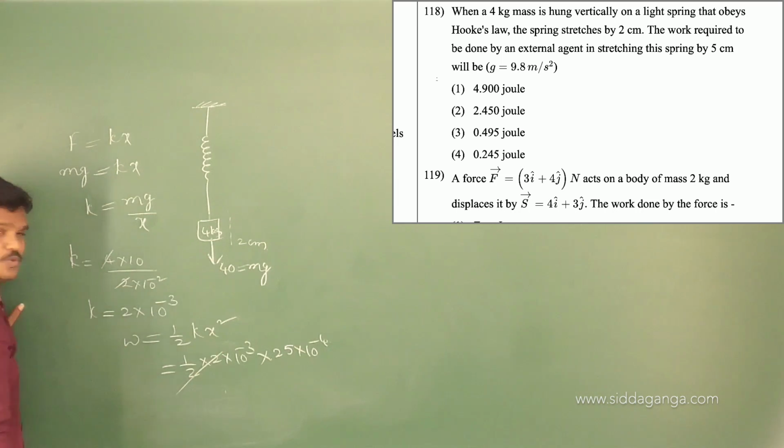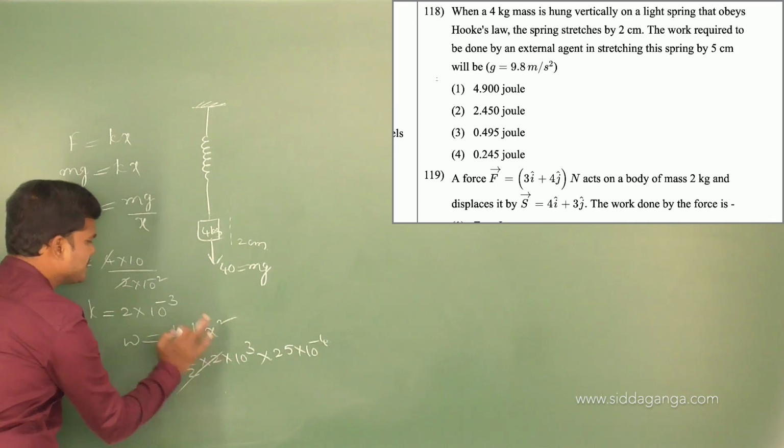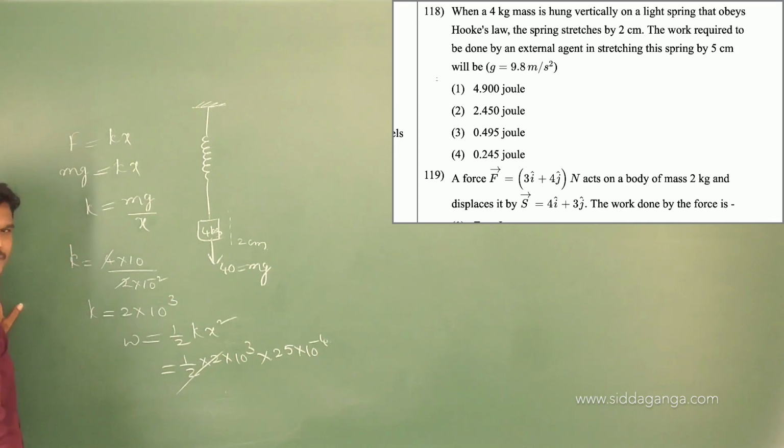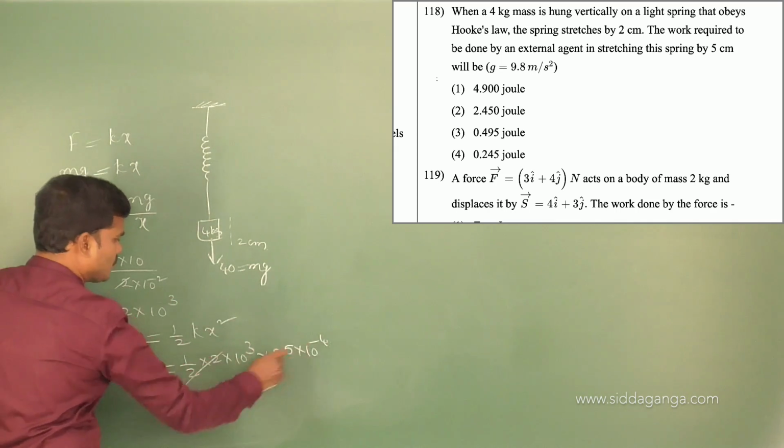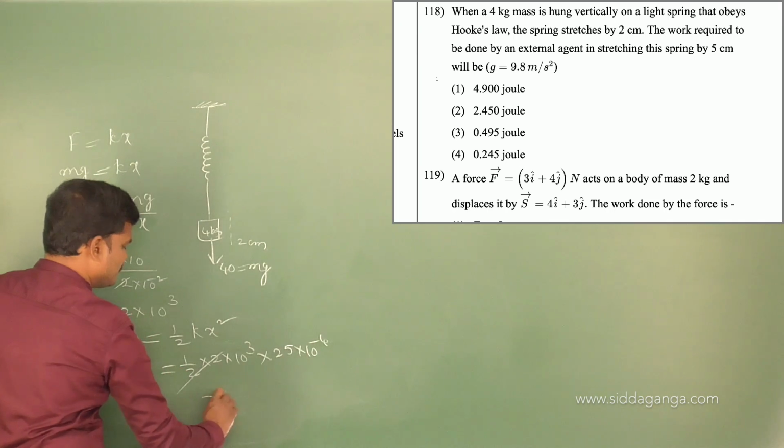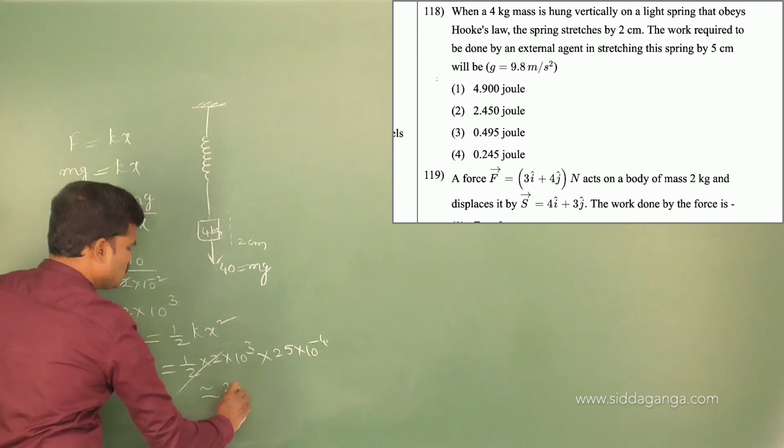This comes to the top, so it becomes plus 3. 10 raised to plus 3 minus 4. So 2.5 into 10 raised to minus 1.